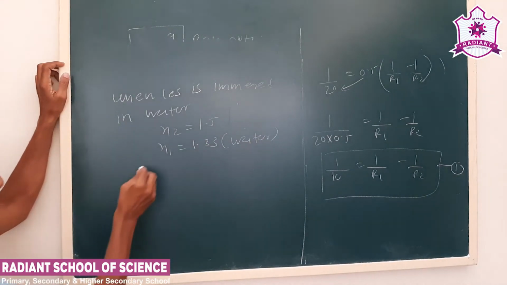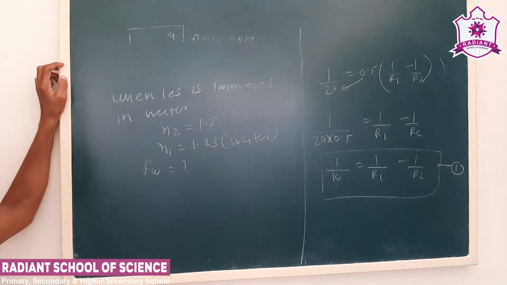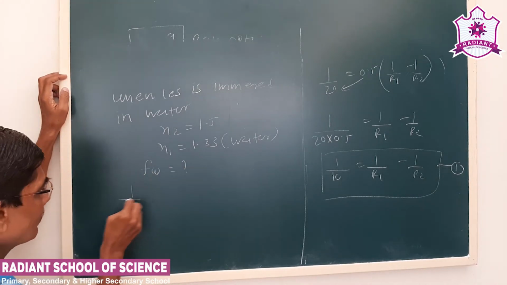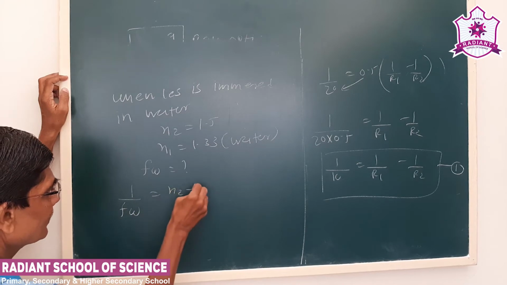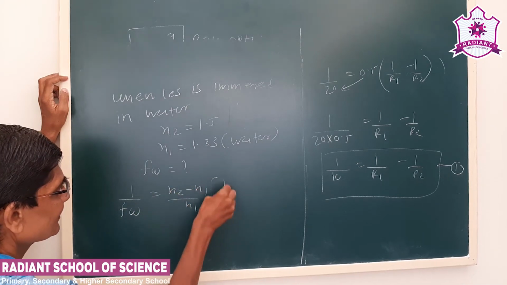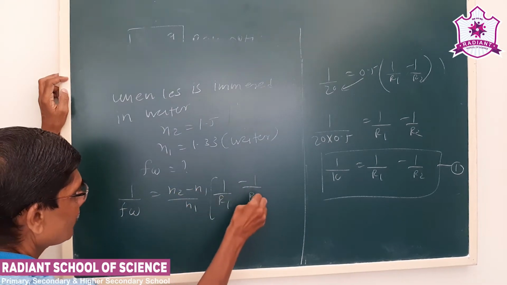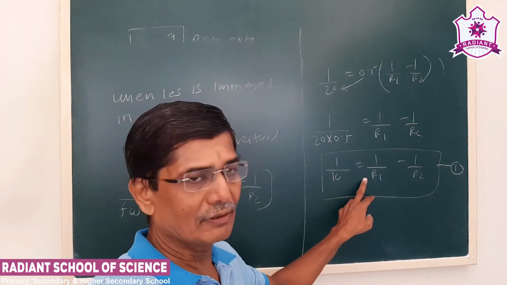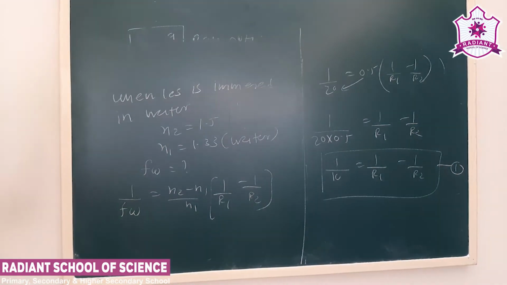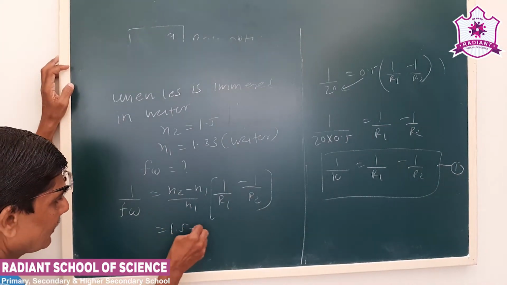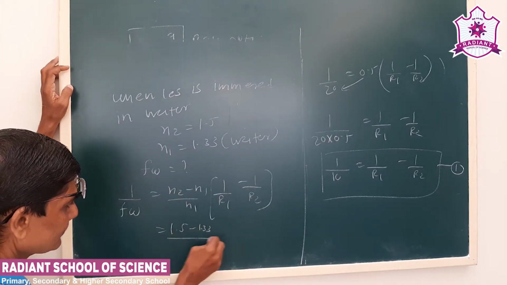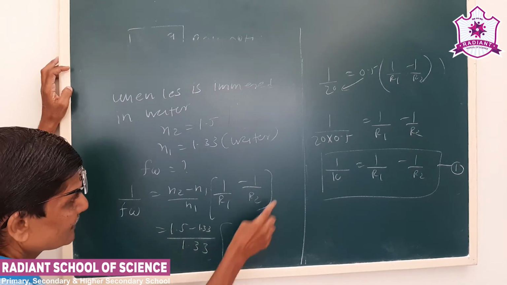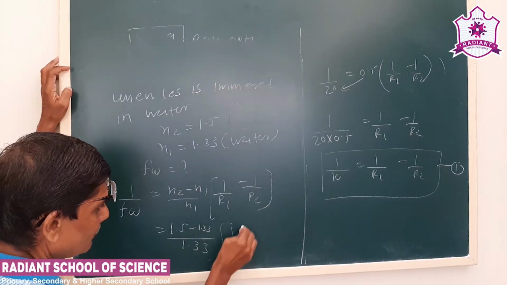So we have to calculate FW. Now see our equation, 1 upon FW is N2 minus N1 upon N1, 1 upon R1 minus 1 upon R2. Okay, now see, 1 upon R1 minus 1 upon R2 we have got 1 by 10, N2 is 1.5, N1 is 1.33. See, 1 upon R1 minus R2 we have.